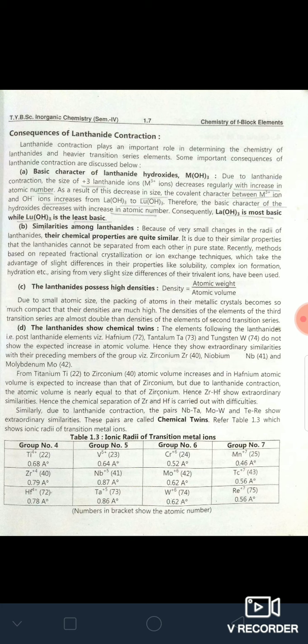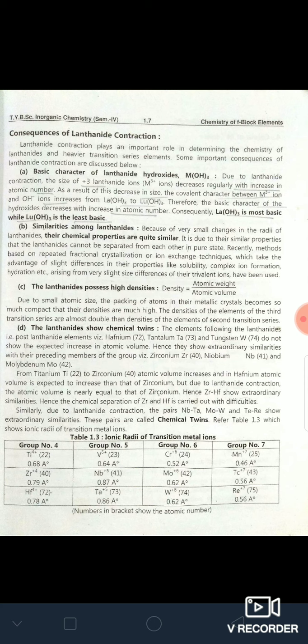Hence, the chemical separation of zirconium and hafnium is carried out with difficulties. Similarly, due to lanthanide contraction, the pairs niobium-tantalum and molybdenum-tungsten show extraordinary similarities. These pairs are called chemical twins.